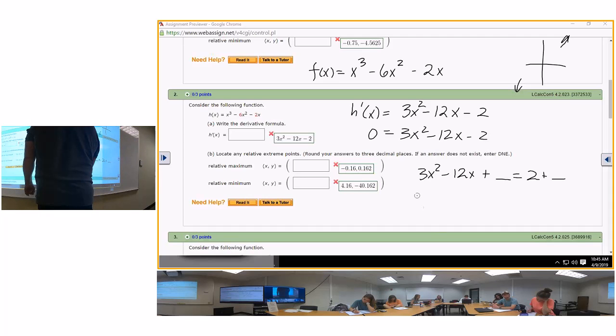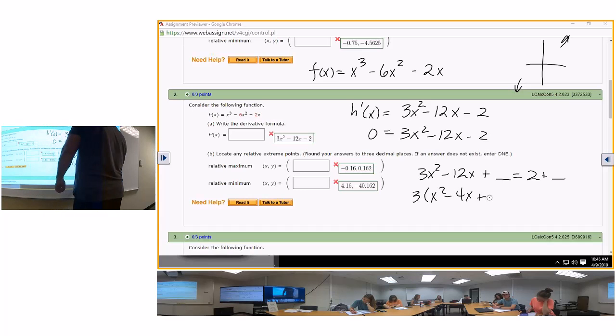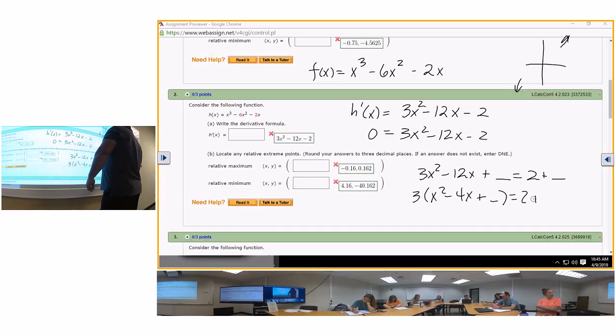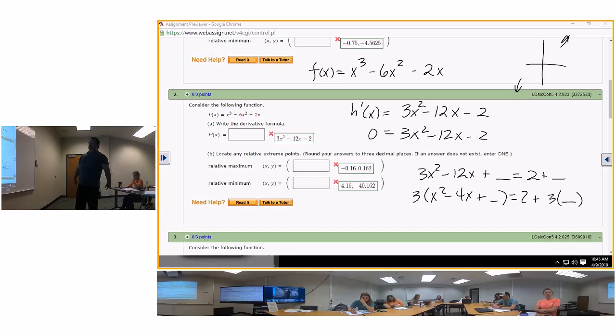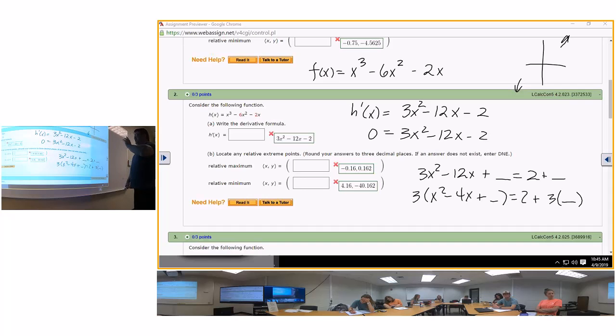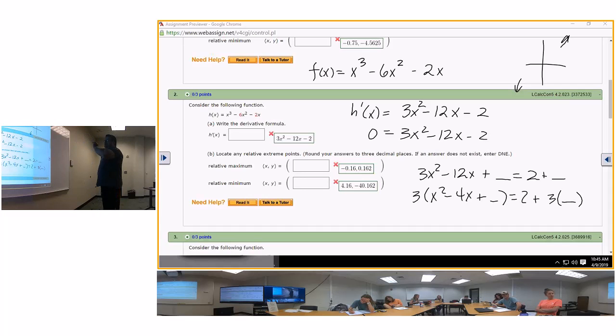And that's going to give you x squared minus 4x plus blank is equal to 2 plus 3 times blank. The x-intercepts is what you want on this, not the vertex, okay? That's where I made a mistake a while ago. You want the vertex of the function. So this is the vertex of this part. The derivative is not what you want.